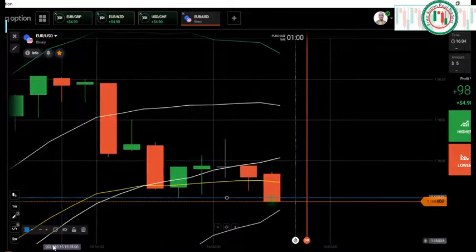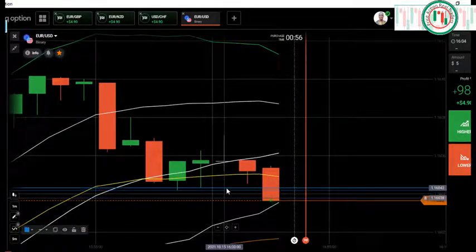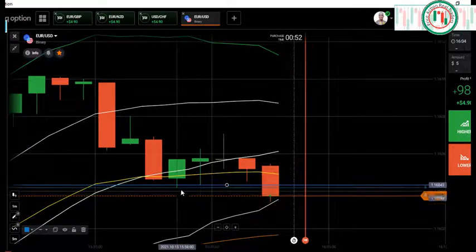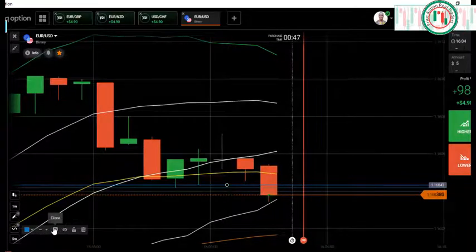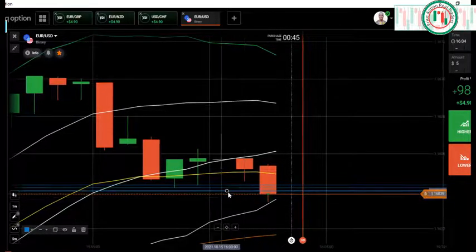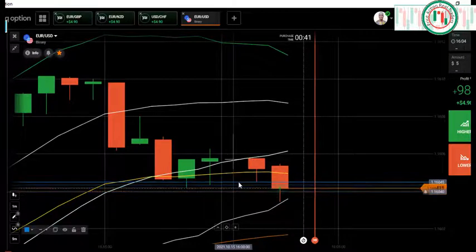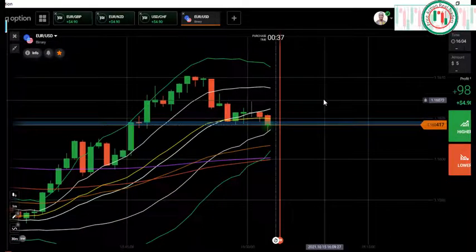Here is a strong buyers area, here as well, and this week. So let's see.